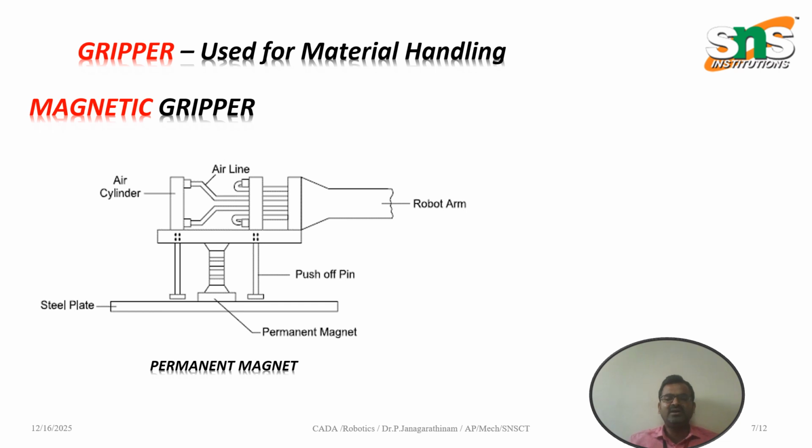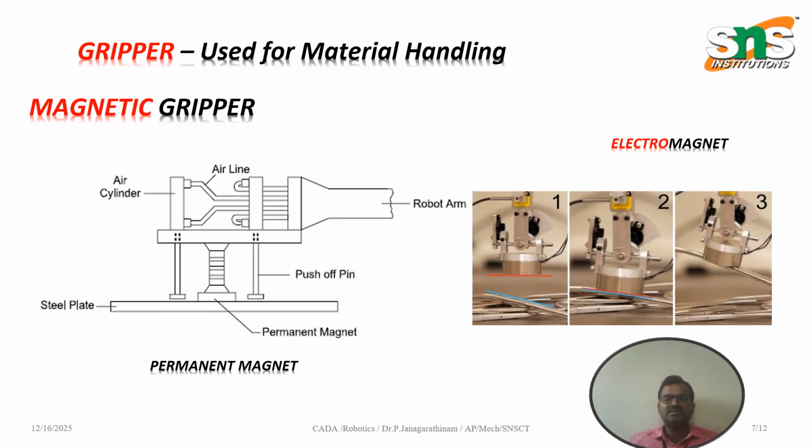It will fully hold the workpiece and we can transfer it from one place to another place. These are the different types of electromagnet grippers attached at the end of the robotic arms, which will hold the workpiece, and automatically we can rotate it or produce linear motion to transfer it from one place to another place.